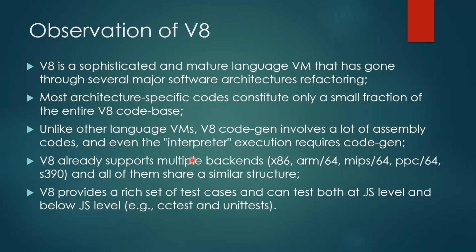But you need to be careful of how you're testing things because debugging is so challenging. It's actually a lot easier if you expose bugs in simpler test cases than if you're debugging a huge JS file with thousands of lines of code. And having multiple backends with similar structure, this is something we can take advantage of. And this is actually the approach we are taking.